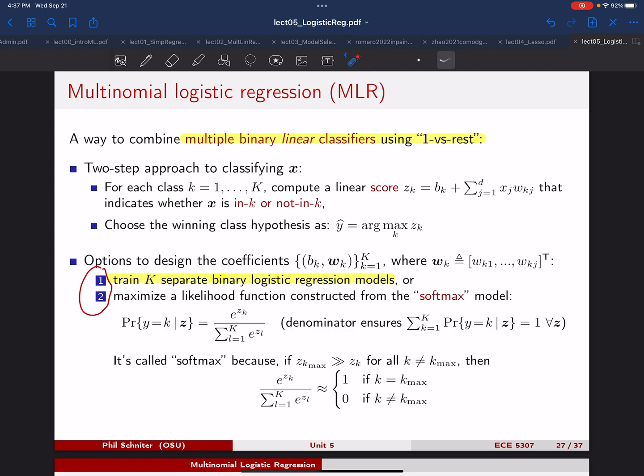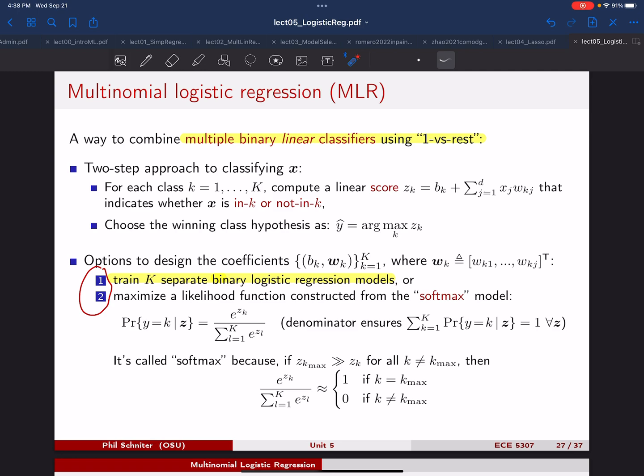So the new model says the probability that the true label is in class k, given the score vector z, because now we have a bunch of these scores, takes this form. The numerator is very similar to what we had before. The denominator is just summing all the different e to the power z's for all the different scores.